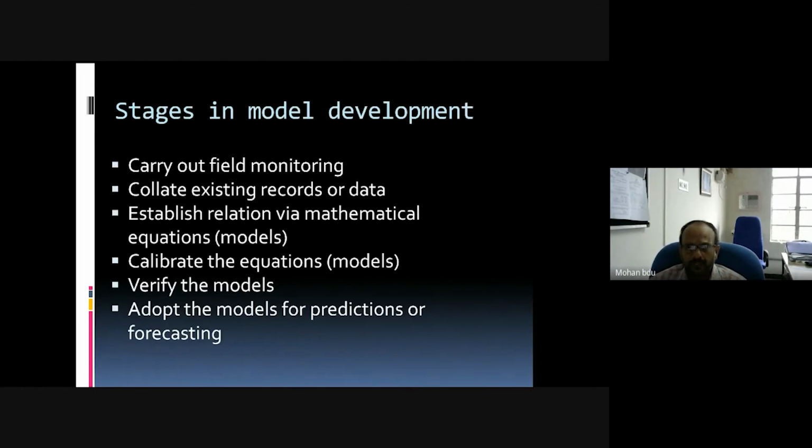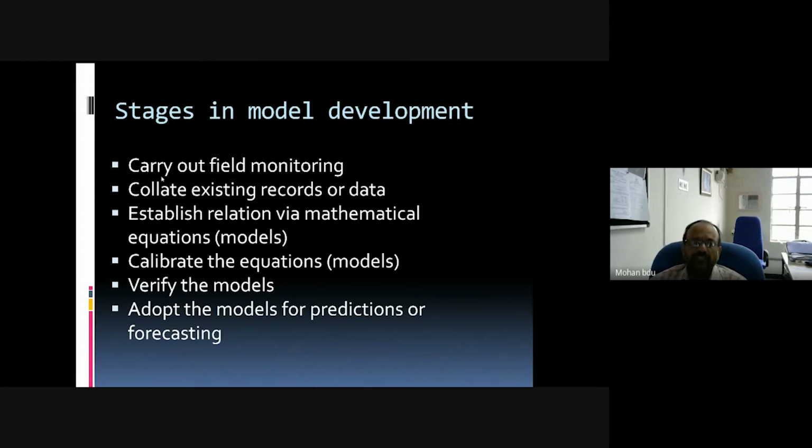So actually, a model is a kind of software, or a kind of analytical equation, which will have some inputs and some sort of coefficients, and then the output will be the desired parameter.